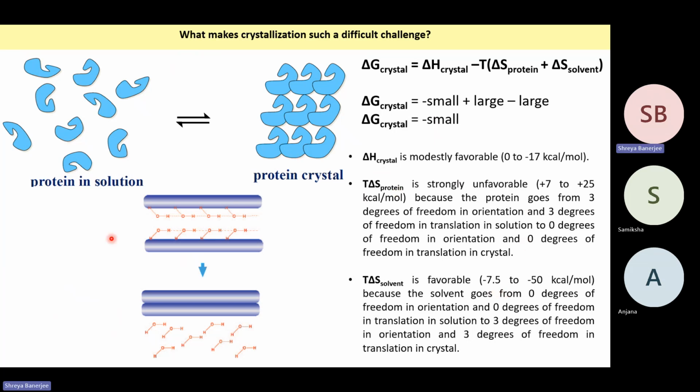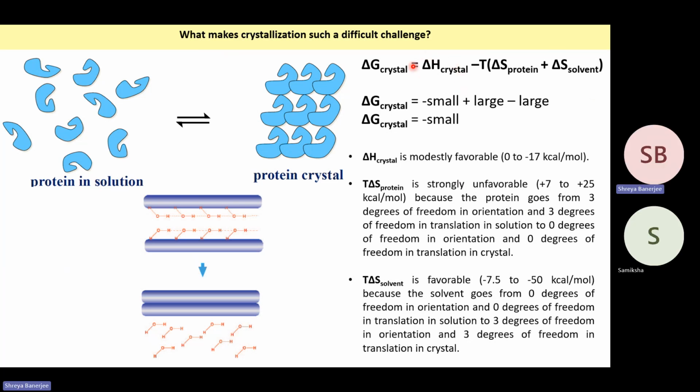Okay, now for the energetics of what is happening in crystallization. So you have a protein in solution and that is in equilibrium with your protein crystal. Now you know that delta G is delta H minus T delta S. Now the delta H of crystal formation is modestly favorable, from 0 to minus 17 kilocalories per mole.